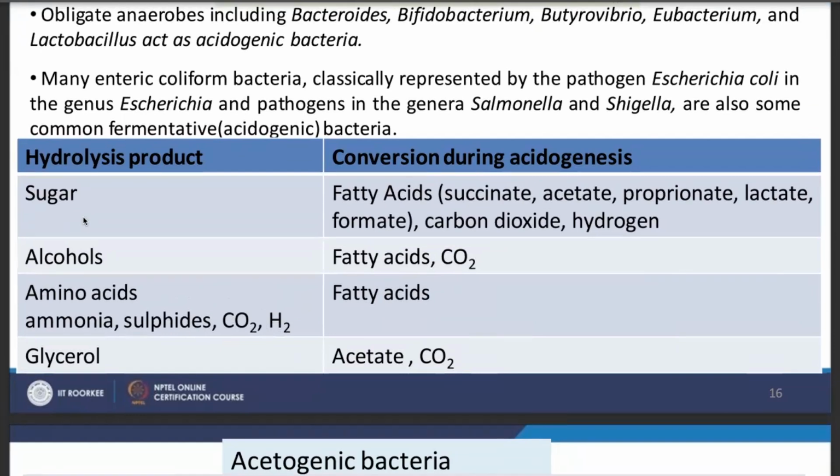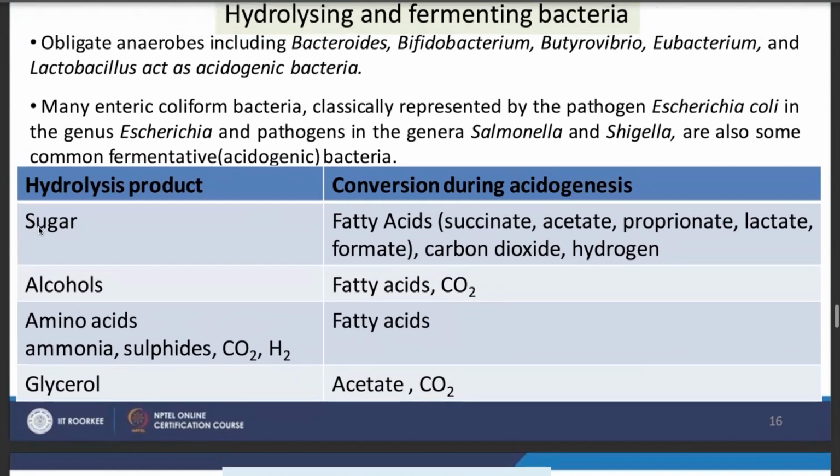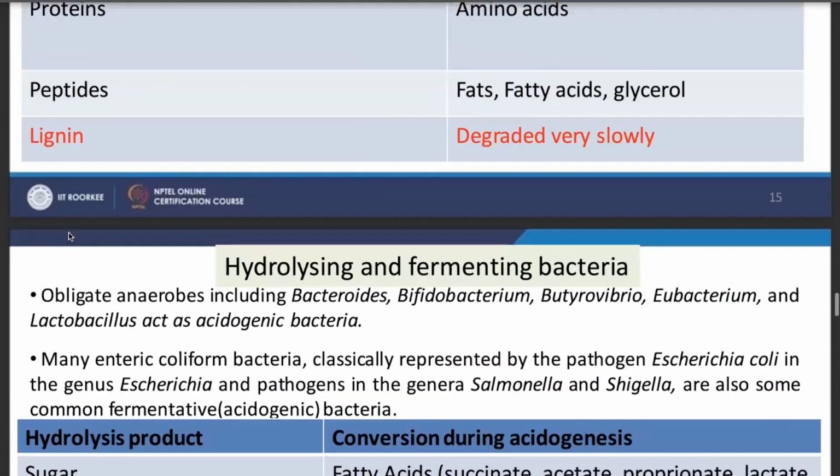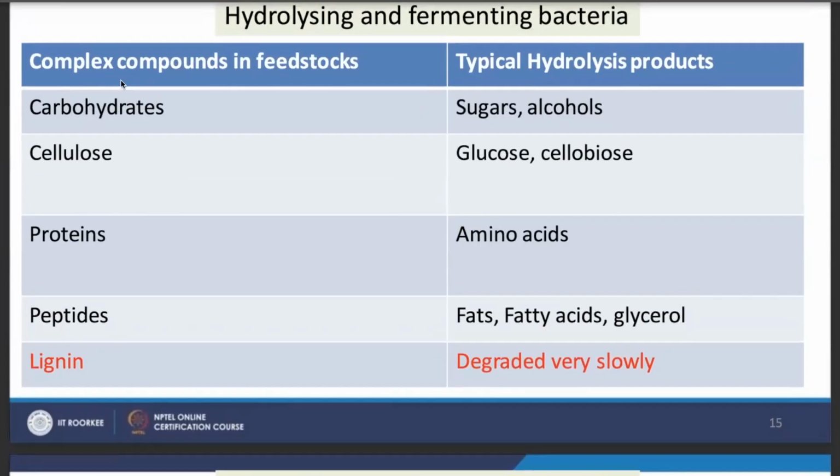If we give amino acids, it will get converted into fatty acids. If we give glycerol, it will get converted into acetate or CO2. So now you can see the amount of raw material. These are simpler compounds, right? Why? Because the complex compounds, we have already subjected them to hydrolysis to convert them into simpler compounds.